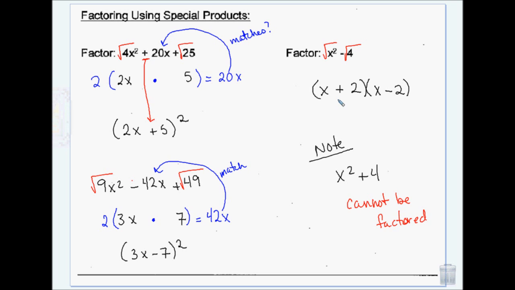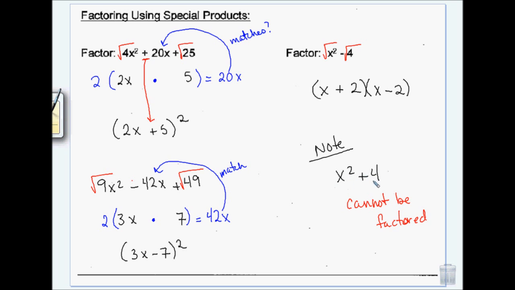And so that plus 2x and that minus 2x cancel each other out. If I were to try to factor this out in the same method, but maybe with pluses, you'd actually have a perfect square trinomial. So it would actually be x squared plus 4x plus 4.